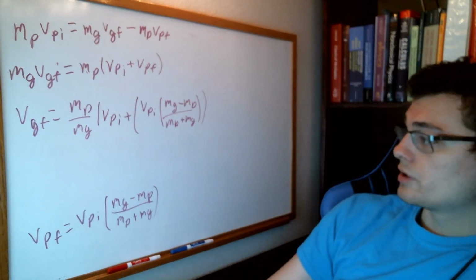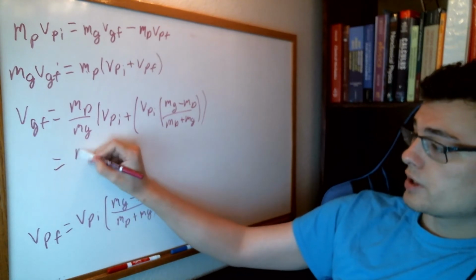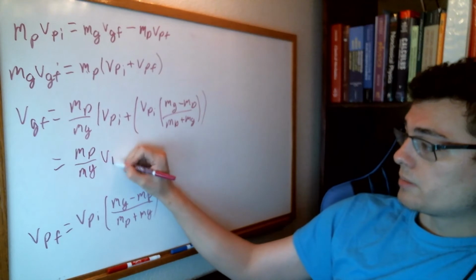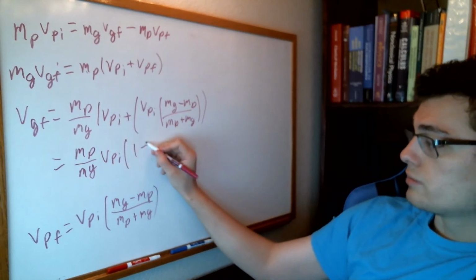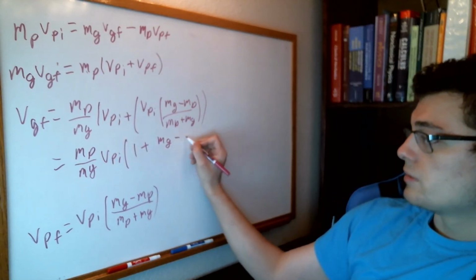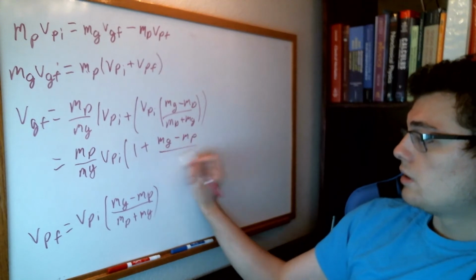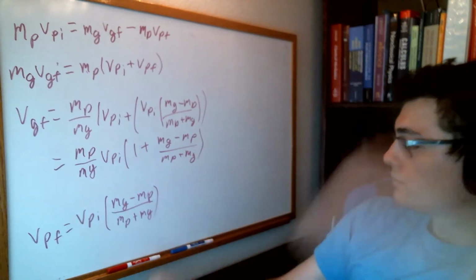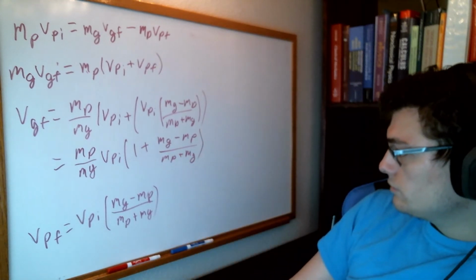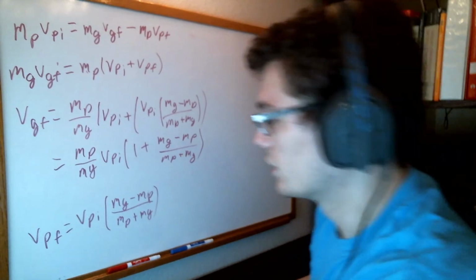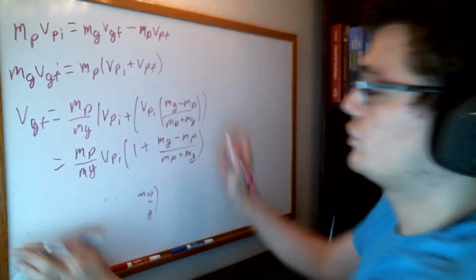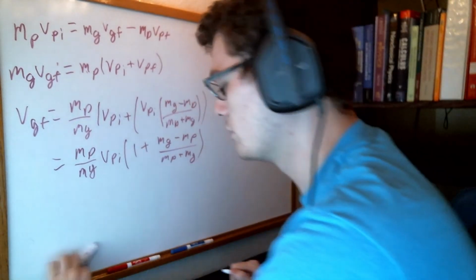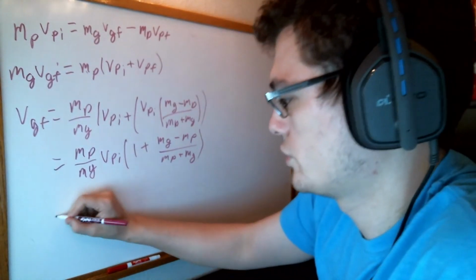Realistically, one way that you could simplify this in a better way would be mp over mg, vpi times 1 plus mg minus mp all over mp plus mg. And then realistically, just use this. This is going to be your simplest case without losing time for doing too much work.